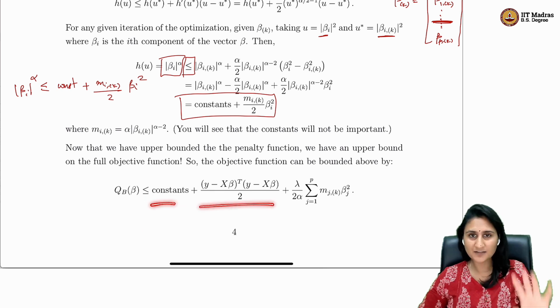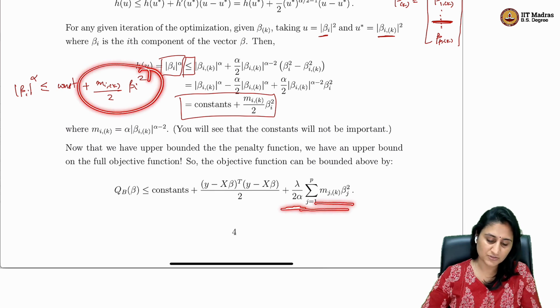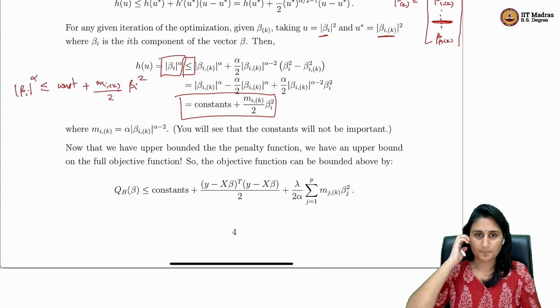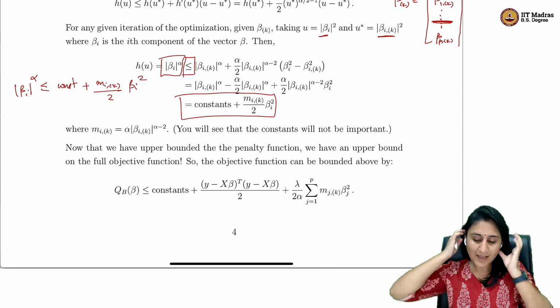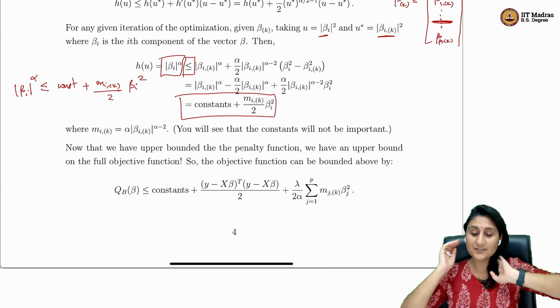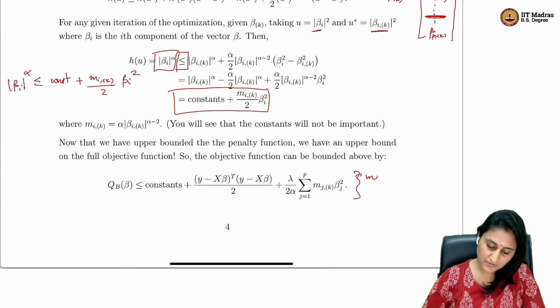Constants plus this part that was well behaved, plus this summation j going from 1 to p, m j k beta j squared lambda by 2 alpha, and that is when I just plug this back. So I have constructed now using this an actual majorizing function for my objective function. So this is my majorizing function.